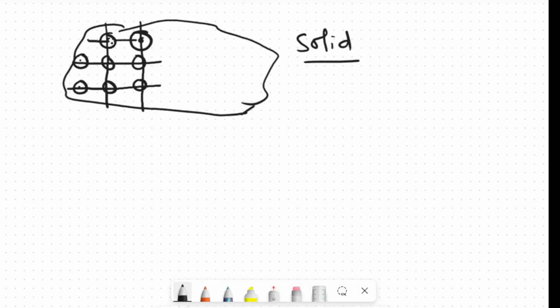Okay, and also in some of the solids you will find that there is a presence of free electrons.